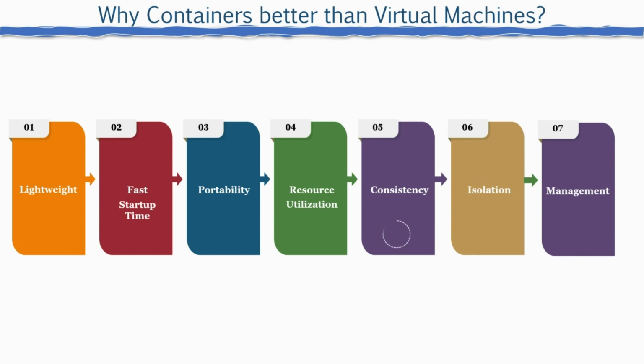Containers provide a consistent environment across different hosts, which helps to ensure that the application behaves the same way in development, staging, and production environments. Next comes isolation. Containers provide a level of isolation where the application and its dependencies run in an isolated environment. But this isolation is less than what you can really achieve through VMs.